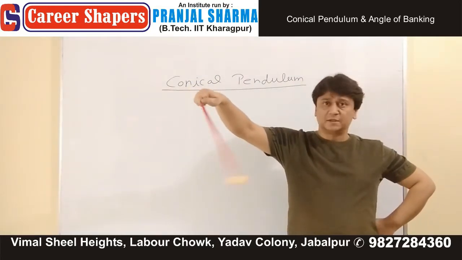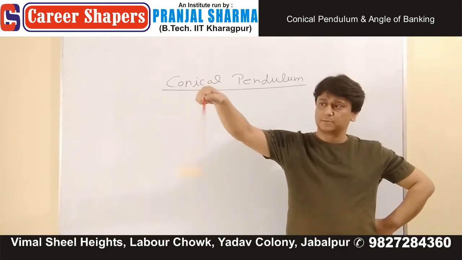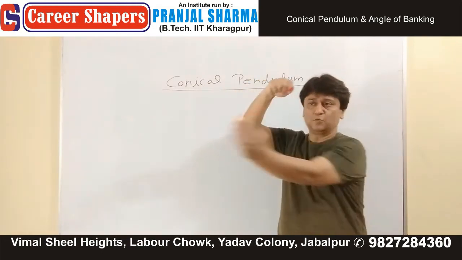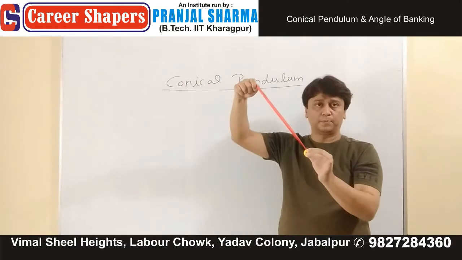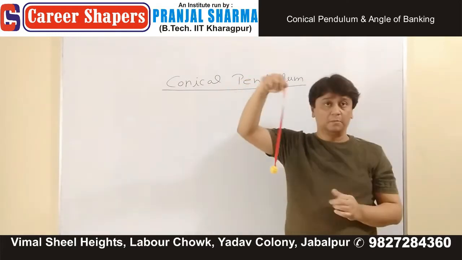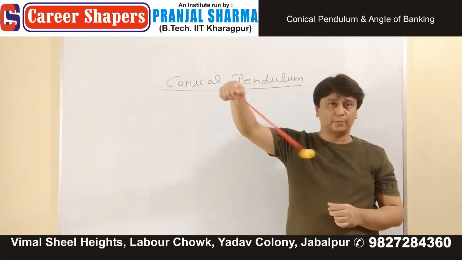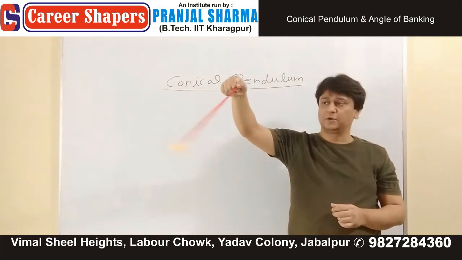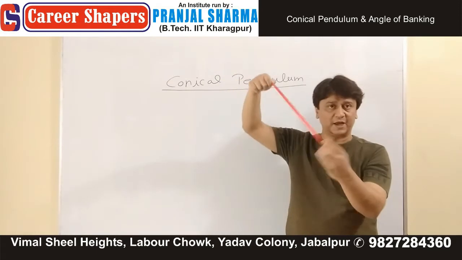And I hope you can see that a cone is getting formed. This is moving and the rope is forming a cone. But there is no horizontal support needed for this type of circular motion of this object.